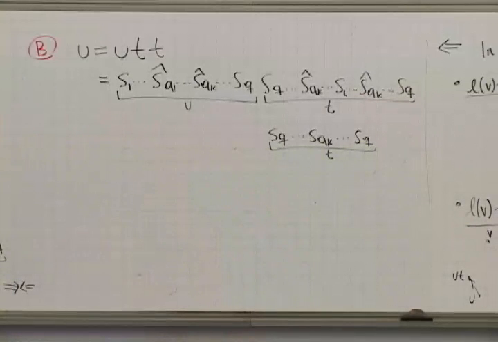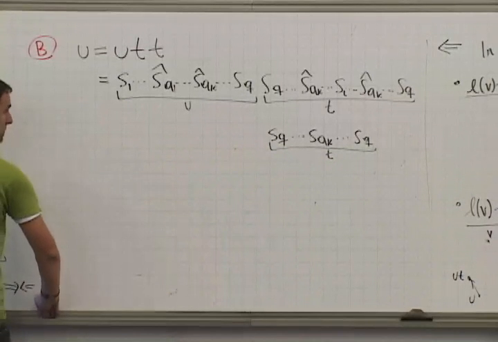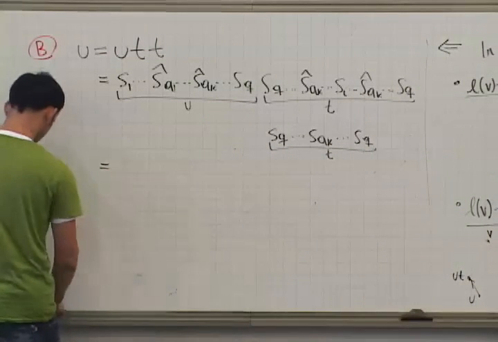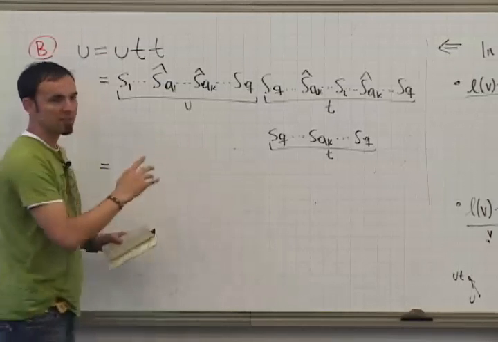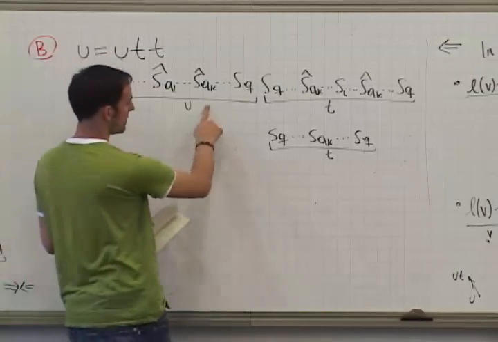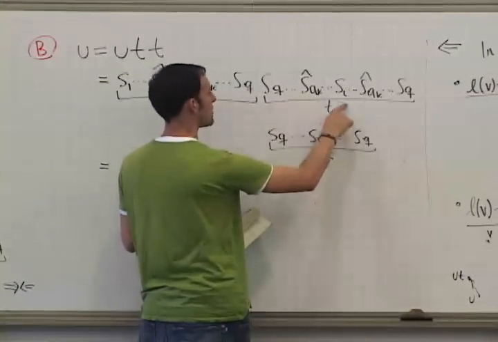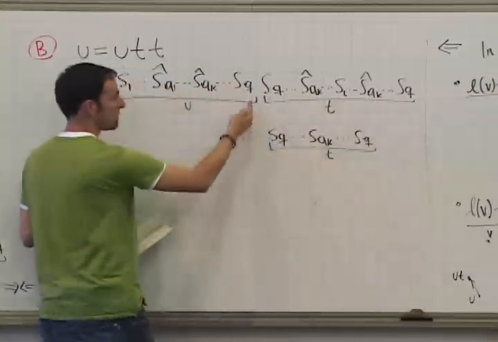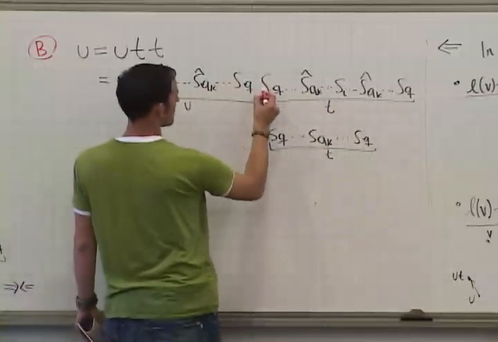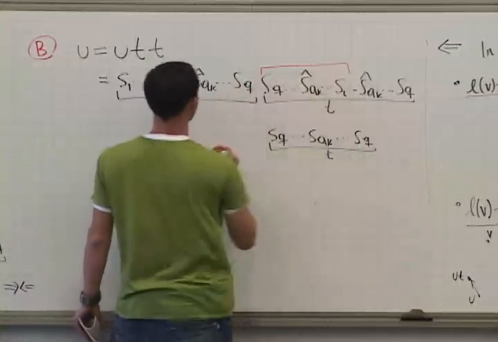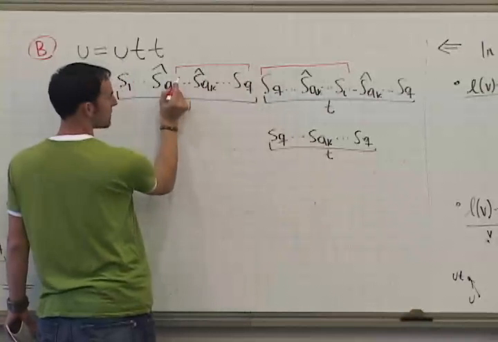And let's see what this does. Well, again, it's basically the same thing. What happens when I multiply by this thing, by S_Q down to S_I up to S_Q? Again, this is going to cancel out with this, where this is I here.